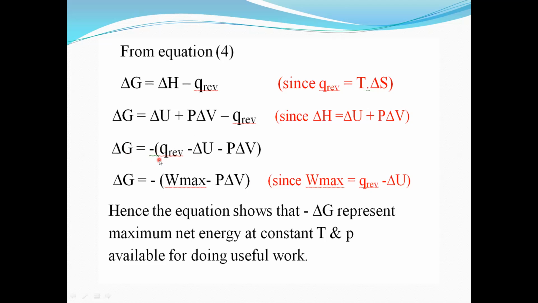So delta G is equal to minus, in bracket, Q reversible minus delta U minus P into delta V.